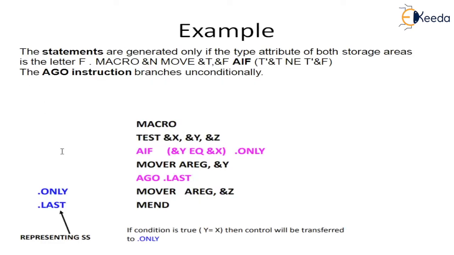An example of that is that the statements are generated only if the type attribute of both storage areas is the letter F, and the AGO instruction is useful for branching unconditionally. As shown in the slide, there is an example which shows the use of AIF and AGO.